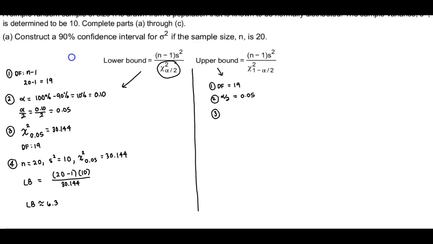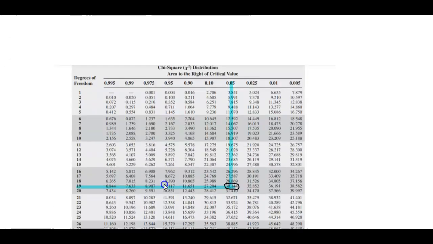We want to find the critical value for 1 minus that 0.05, which is 0.95. The degrees of freedom, as we stated, is 19. So now we use the table, where degrees of freedom is 19 and we're looking for the area of 0.95. Let's go down here.